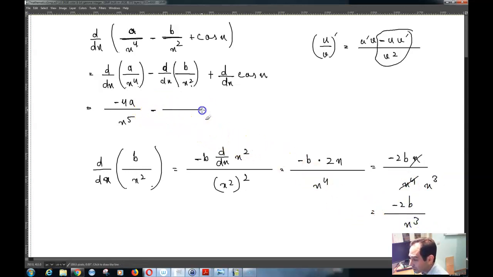So that's minus negative 2b over x cubed. And you know that d by dx of cos x is negative sin x.